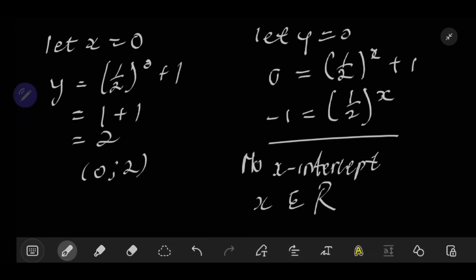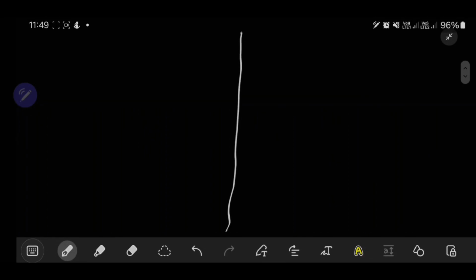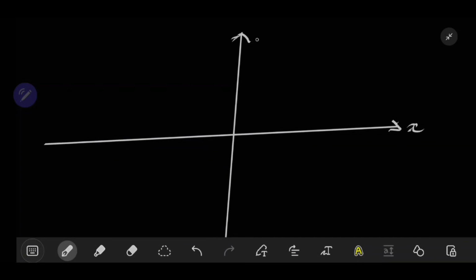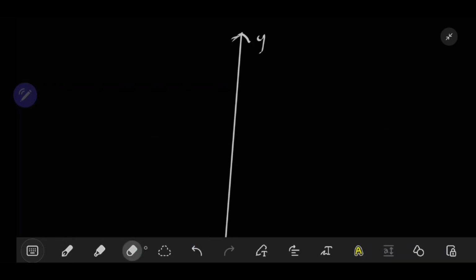Then with this information that we have, we can sketch a graph. We draw our Cartesian plane like this, our x-axis, our y-axis.